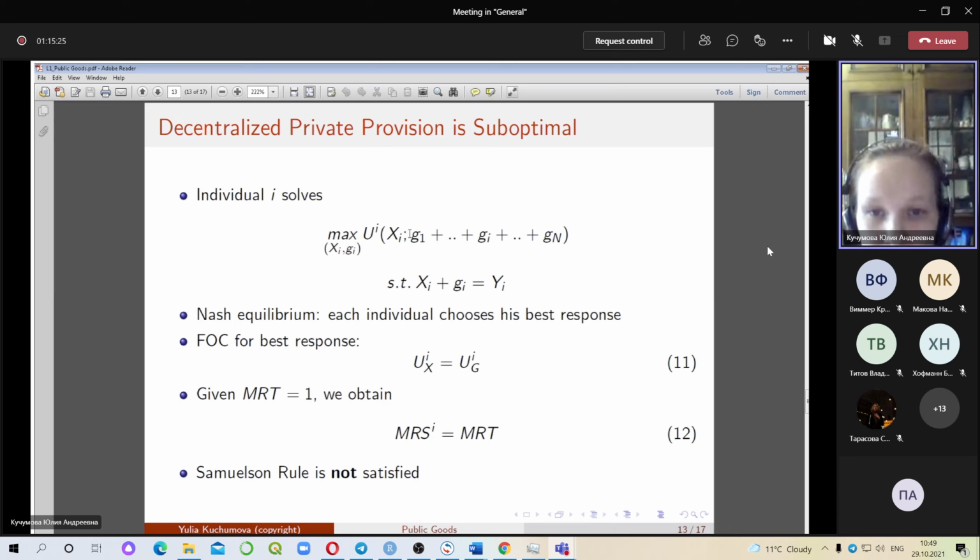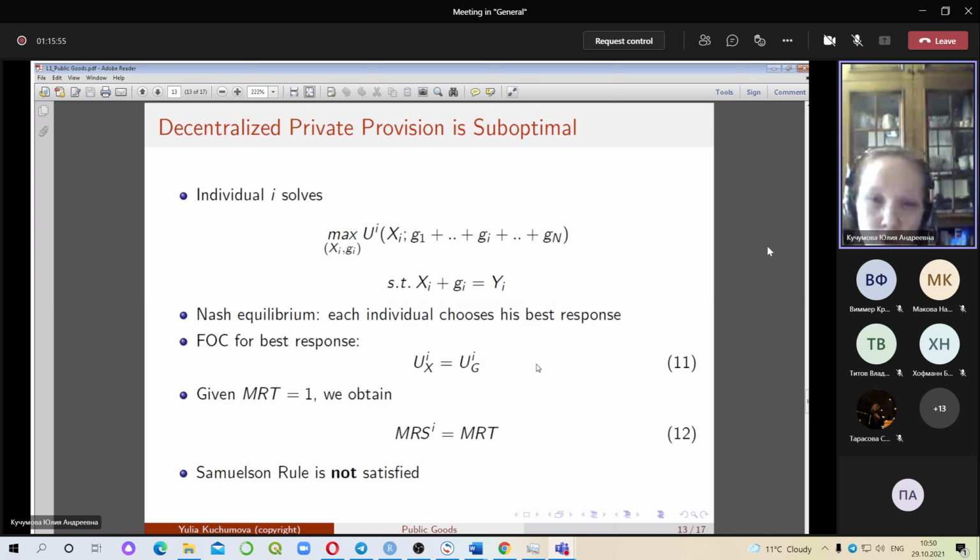And here I wrote it in this way to emphasize that it depends on the contribution of each person. Right, g1 plus g2 plus and so on, gn, right? This is the total amount of public good, and the utility depends on the total amount of public good. The budget constraint depends on my contribution toward the public good.